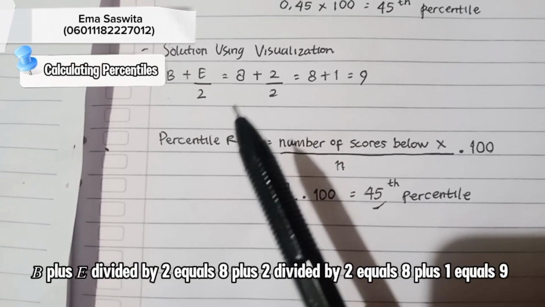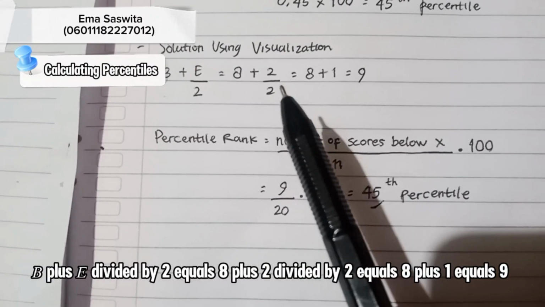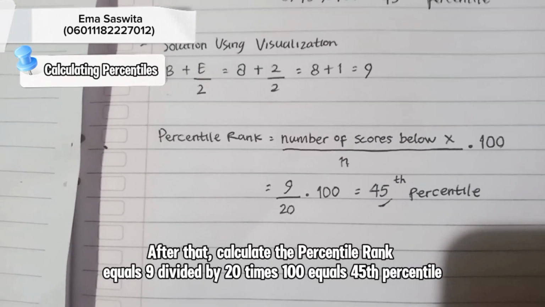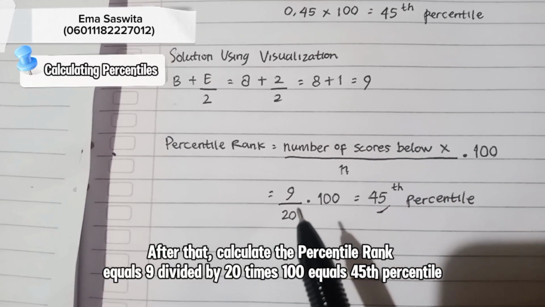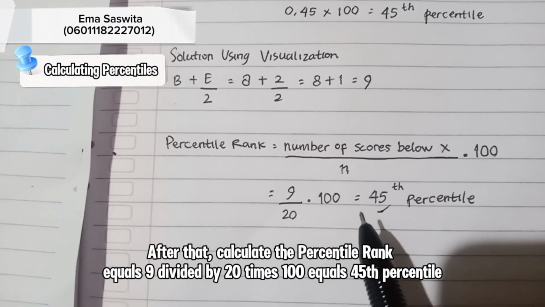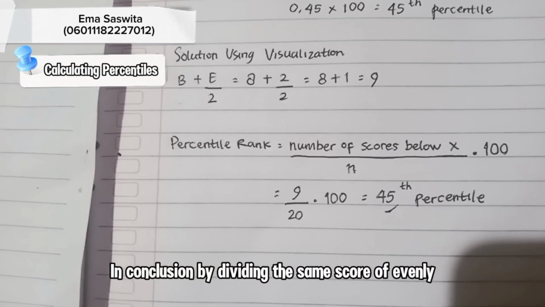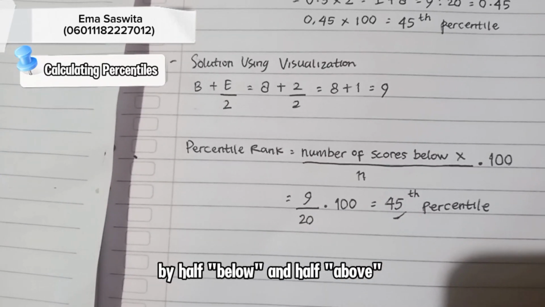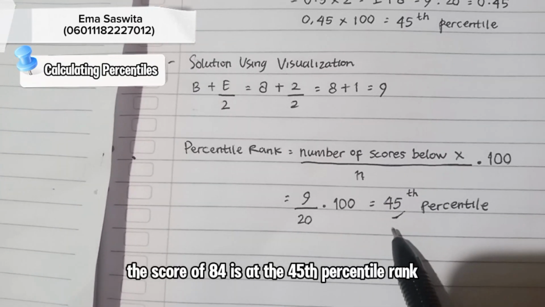B plus E divided by 2 equals 8 plus 2 divided by 2 equals 8 plus 1 equals 9. After that, calculate the percentile rank: 9 divided by 20 times 100 equals the 45th percentile. In conclusion, by dividing the same score evenly, half below and half above, the score of 84 is at the 45th percentile rank.